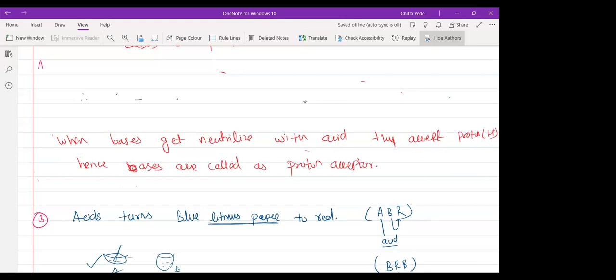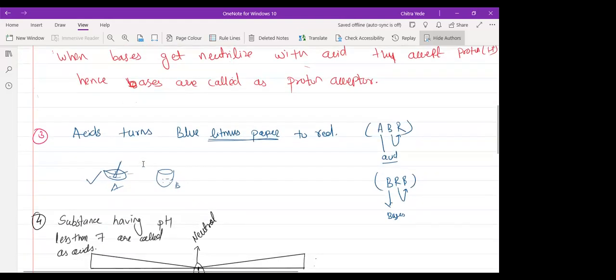Okay. Next. Now litmus test. We have already gone through that. Bases turn red litmus paper to blue. Very simple.